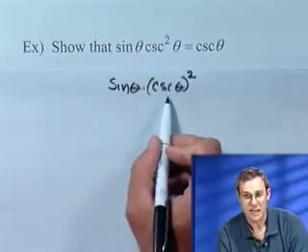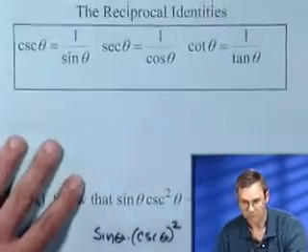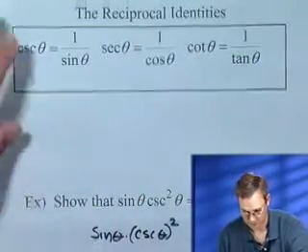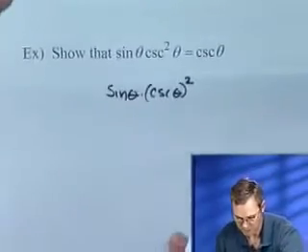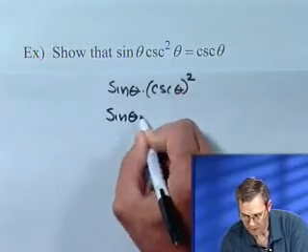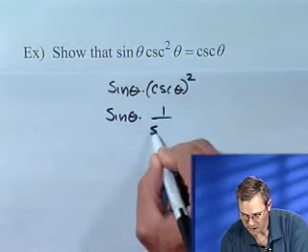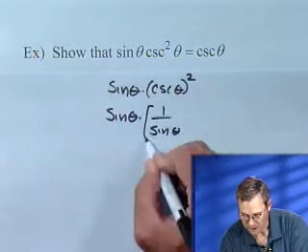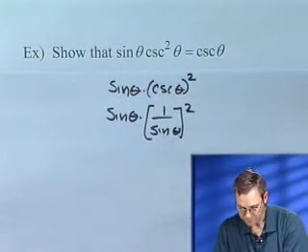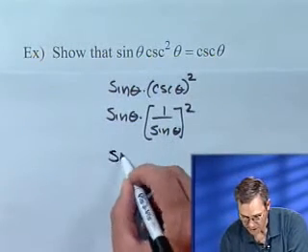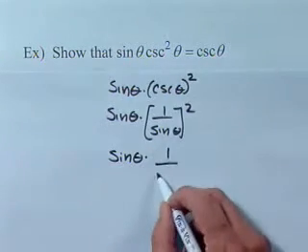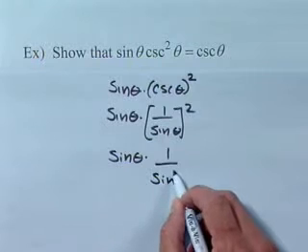Well, what does cosecant theta equal? Remember, cosecant theta is equal to 1 over sine theta. So I'll just substitute. I've got sine theta times 1 over sine theta, all squared. Now I'll square my fraction. I'll square the top, that's just 1, and I'll square the denominator, that gives me sine squared.